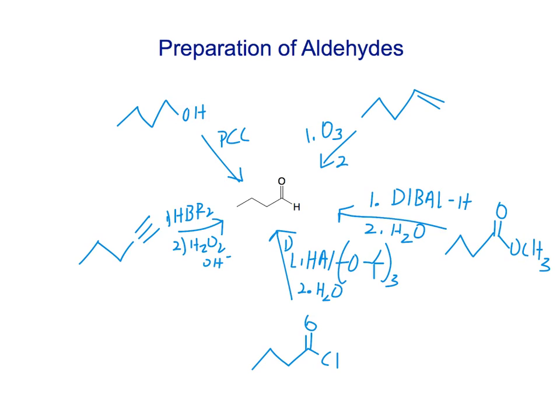Ozonolysis, and then remember that you have to work that up with either dimethyl sulfide, or you can use zinc and water, I think. Right, so that's another oxidative cleavage. All right, so keep building these kind of things up as we add new reactions in.